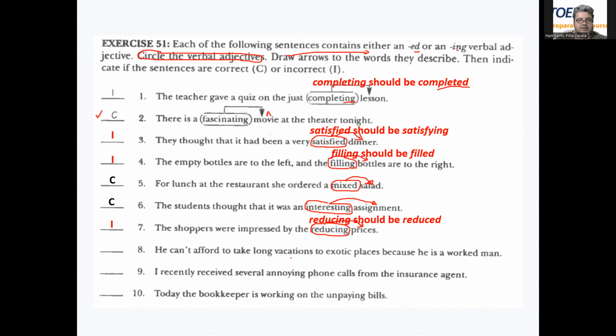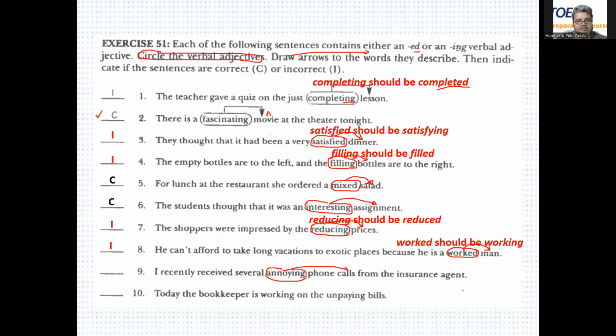He can't afford to take long vacations to outside places because he is a worked man. Right? So this is more an active meaning. You know, he's a working man because he works. So it's incorrect. He should be a working man. I recently received several annoying phone calls, okay, from the insurance agent.